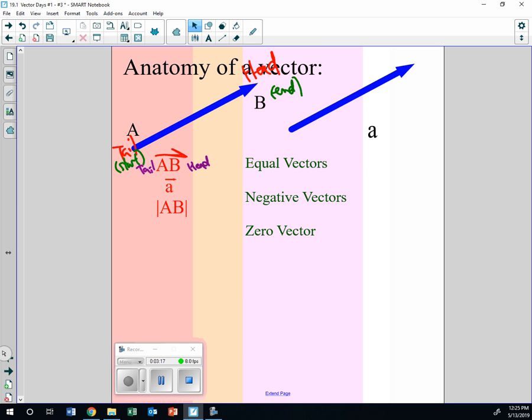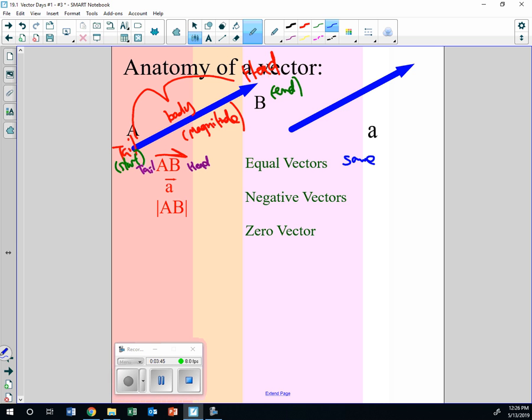So let's talk about magnitude a little bit. That's the body of the vector, and that is going to be the magnitude. So if you want a longer vector, it will have a greater magnitude. A shorter vector will have less magnitude. But the direction is always oriented from where you start to where you end, with the arrows showing that. So if you want to have two equal vectors, you're going to have the same what?